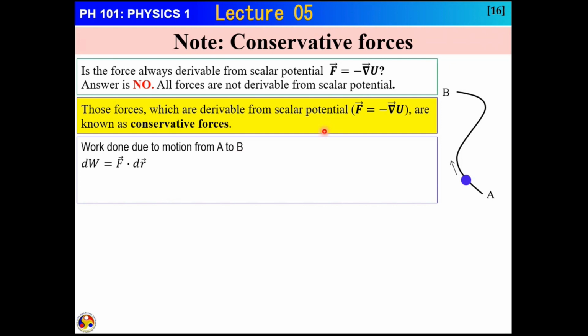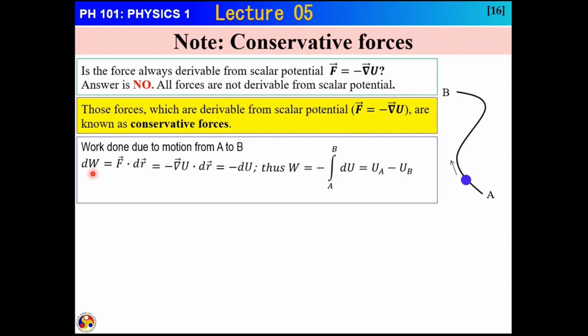For example, here we are talking about work done due to motion from A to B. This is written as dW equals F dot dr, which is equal to minus grad U dot dr, which is equal to minus dU. So thus, the work done for taking the particle from point A to B is simply the difference in the potential energy.